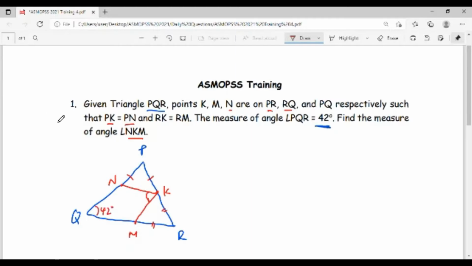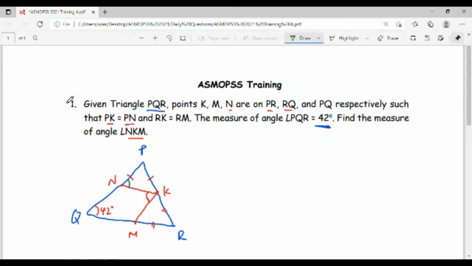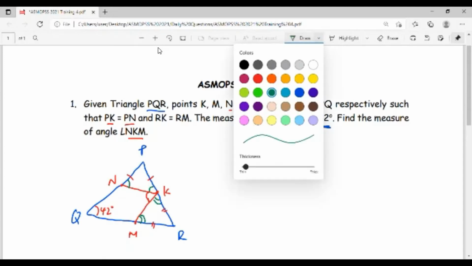Now from this, I know that I've got some equal angles because there are two isosceles triangles there, right? So this angle here and this angle here are equal, while this angle here and this angle here are equal too. And we're given one angle, 42 degrees.